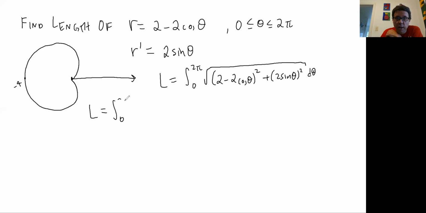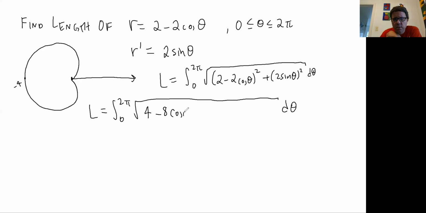Integral from 0 to 2 pi. Square roots are always annoying, so hopefully we're going to be able to get rid of that in some way. If I was to square this one out here, let's see, that would be 4. Square that one. The middle term is 4 cosine with a minus, so I double that. So that's minus 8 cosine.